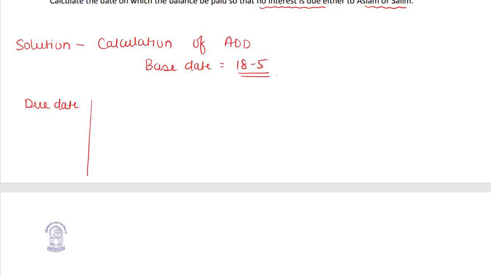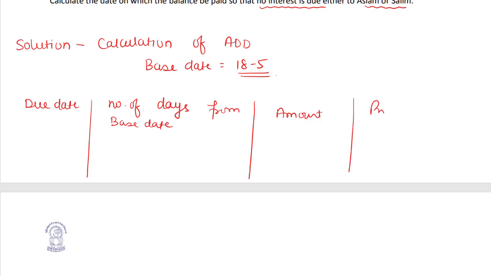Make 4 columns: due date, number of days from base date, amount, and product. First we are solving for Salim.